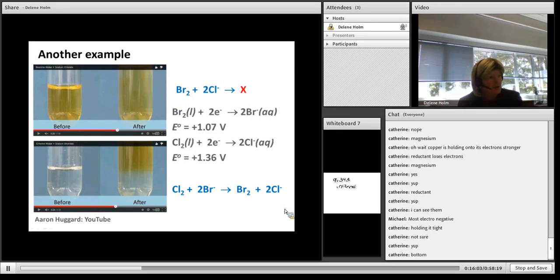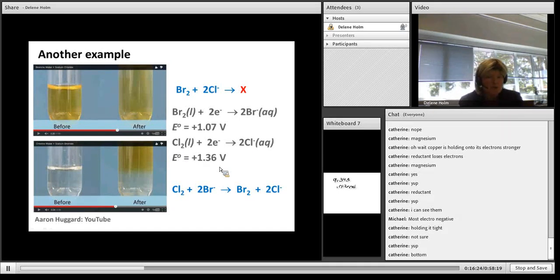Okay, so looking at these values, so the bromine to bromide reduction potential, if bromine gains electrons, is a positive value of 1.07, and the chlorine reduction potential to form chloride is 1.36.